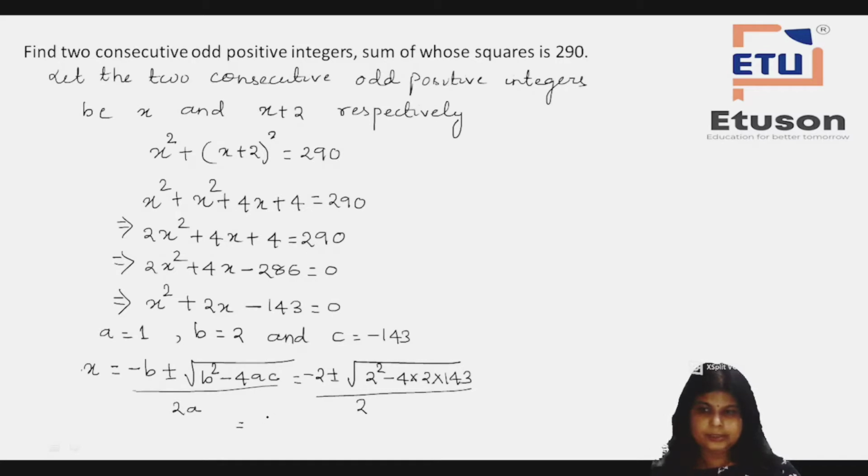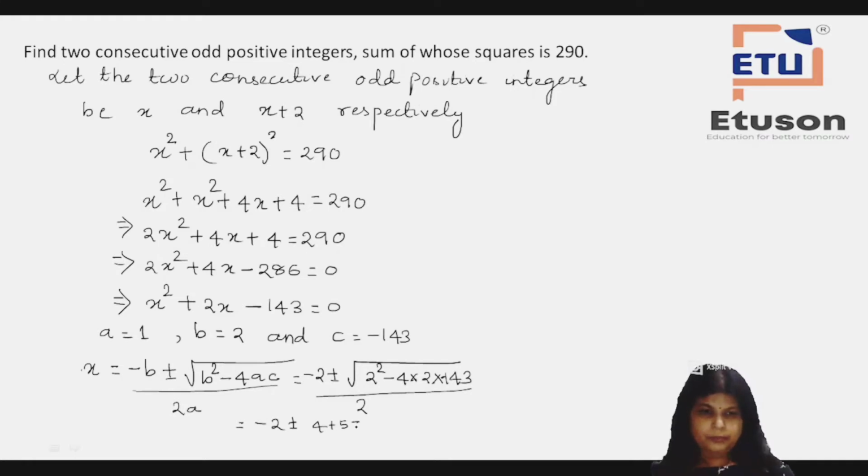It becomes 4 plus 572, and since it is minus 143, this becomes plus.